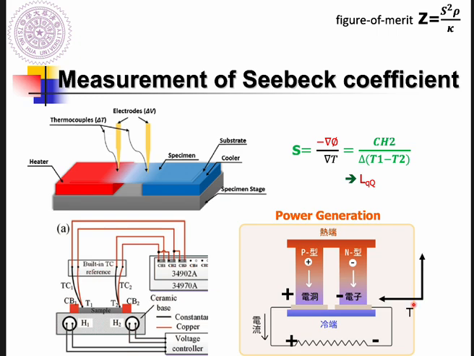So based on the definition, we can do some kind of check. We draw the temperature as a function of location. The temperature at the top will be higher because we have the hot side here and the cold side here.